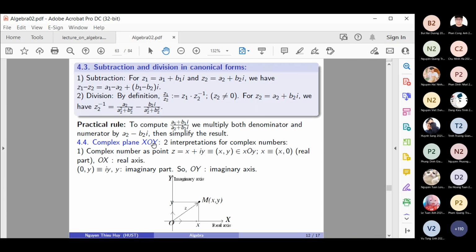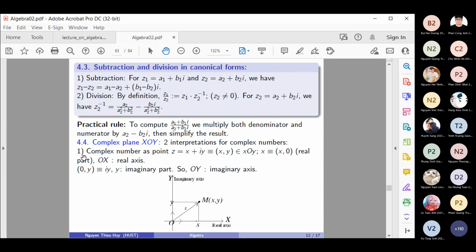So the complex plane is simply the coordinate plane x, y. This coincides with R squared as we used before. You see, here you have two ways to represent complex numbers on this plane. I call it two interpretations.